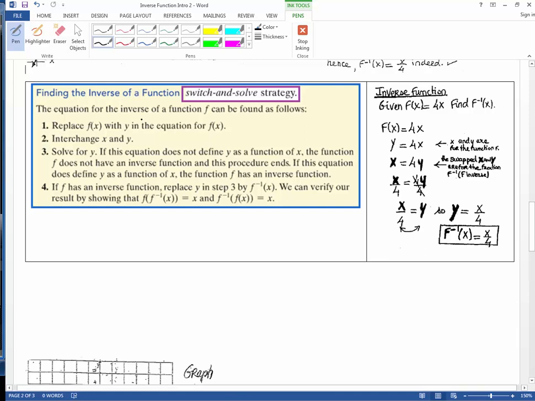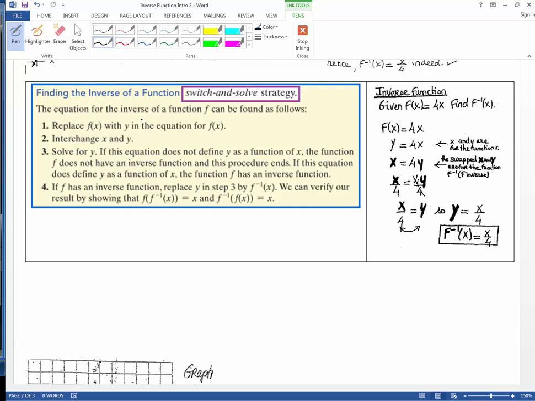The equation for the inverse of a function f can be found as follows. Replace f of x by y in the equation for f of x. Interchange x and y. Solve for y. If this equation does not define y as a function of x, the function f does not have an inverse function and this procedure ends.